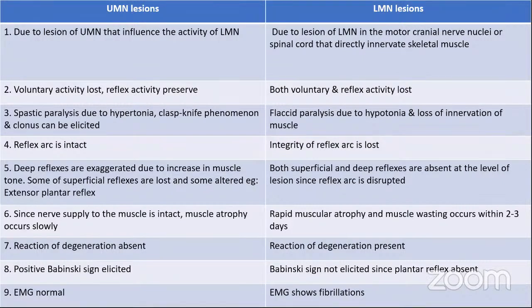That is the corticobulbar or corticospinal pathway. So that is what is meant by UMN lesion or upper motor neuron lesion that leads to paralysis of muscles.